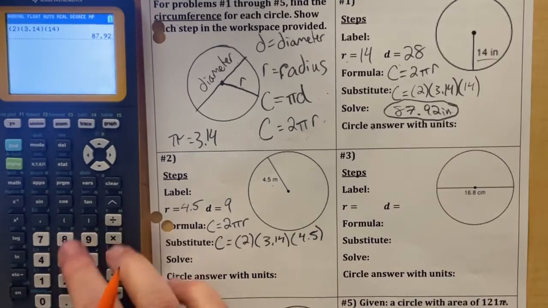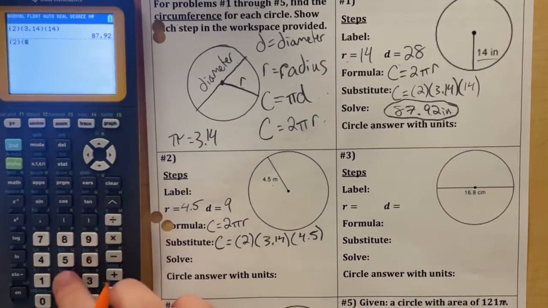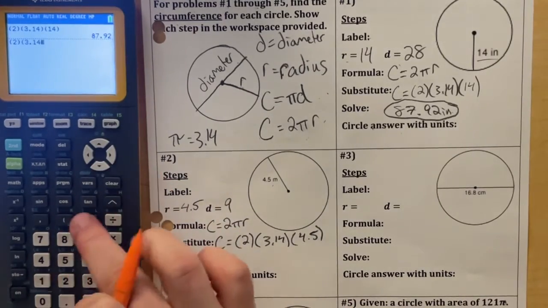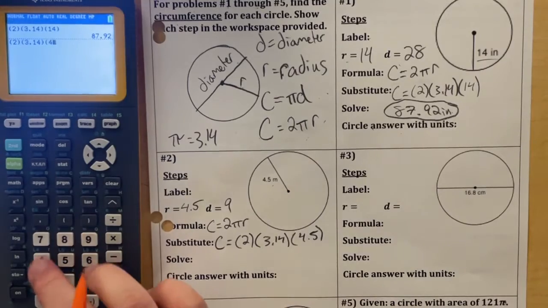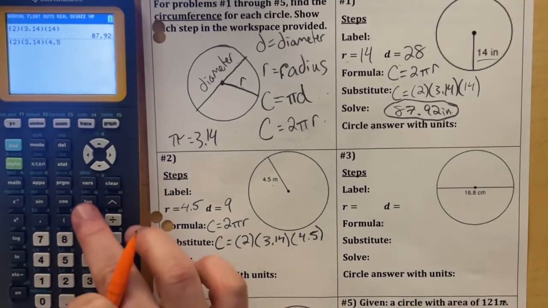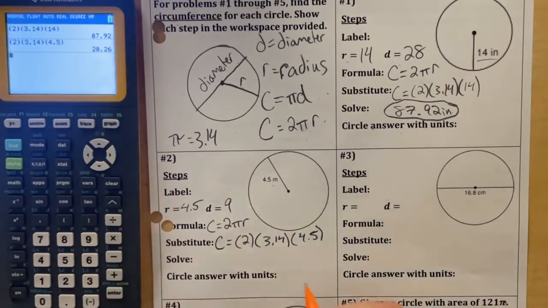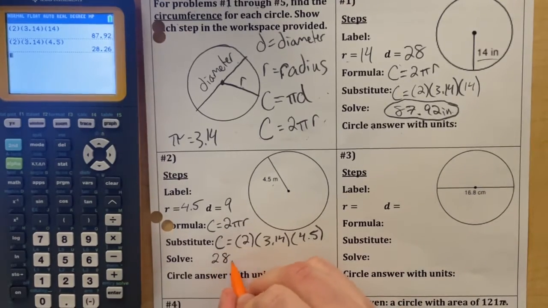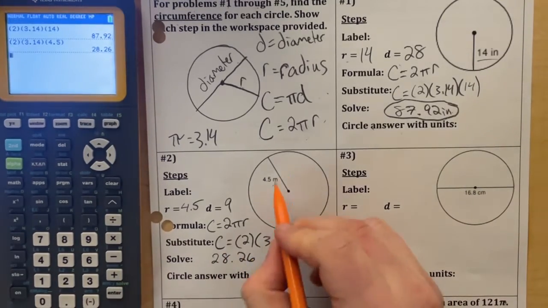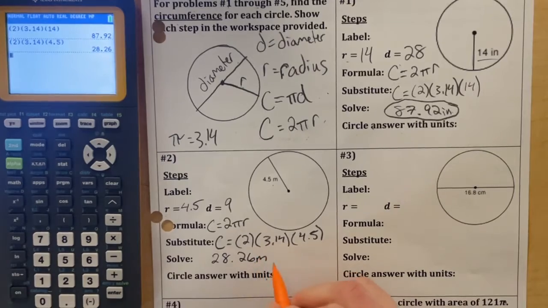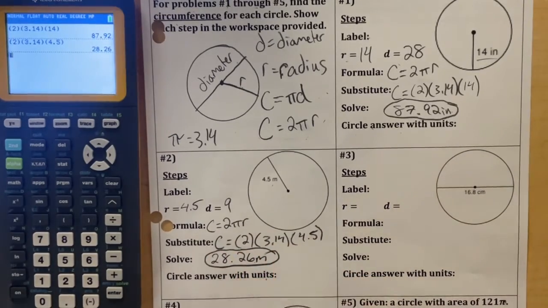So we can solve. I have 2, 3.14, and 4.5, and I get 28.26. Make sure I put my units, which is meters, and I circle my answer. It's getting real simple. Take it step by step for yourself.